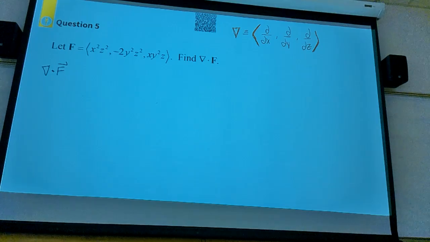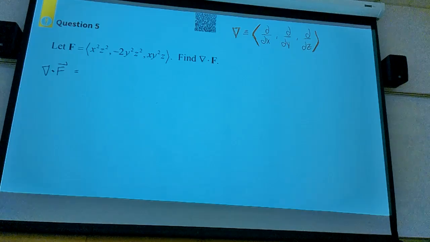This is the divergence of a vector field. Generally speaking, symbolized as del dot F, but keep in mind you're not actually performing a dot product, because dot product is between 2 vectors. That's an operator. So the whole thing of del dot would be 1 operator.